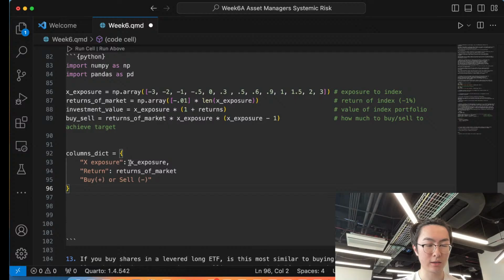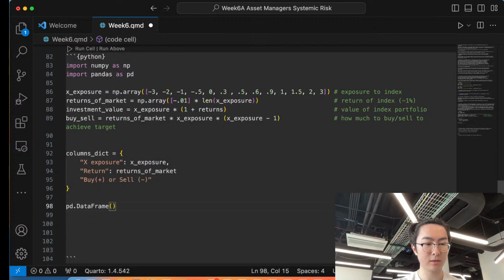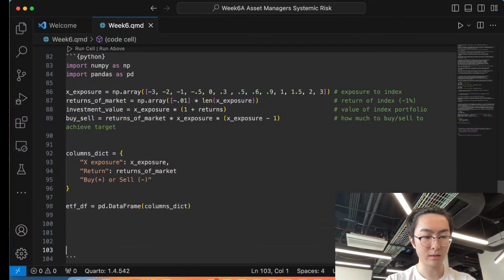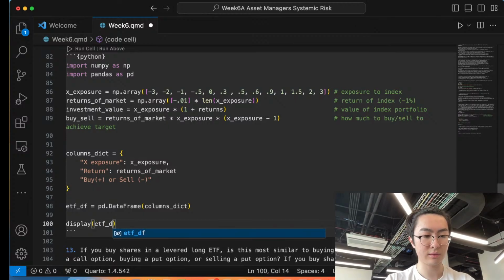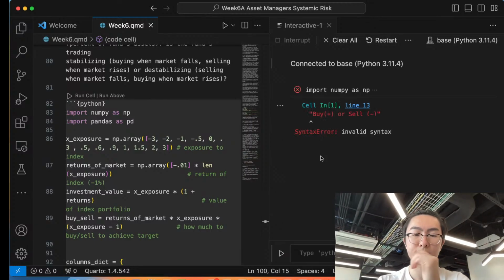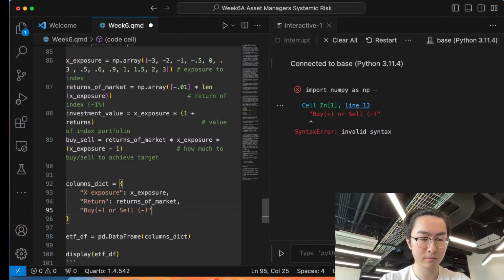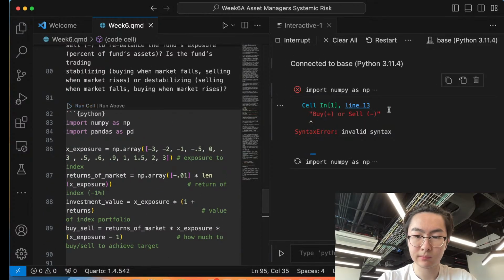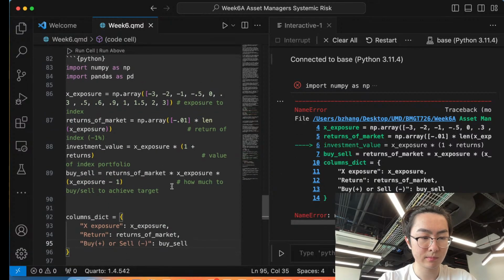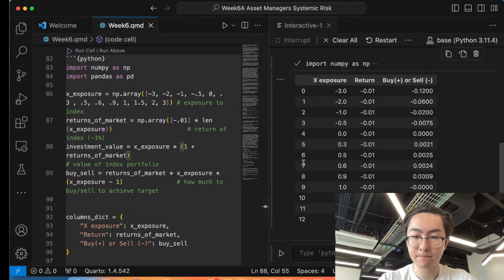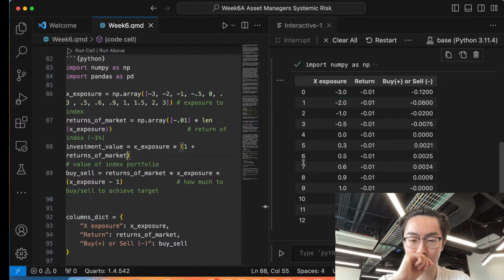Alright, actually, let's try this. Column dict, and then we could do pd.DataFrame, ETF df, columns, and let's display the ETF df. Buy, sell. Oh, shoot.